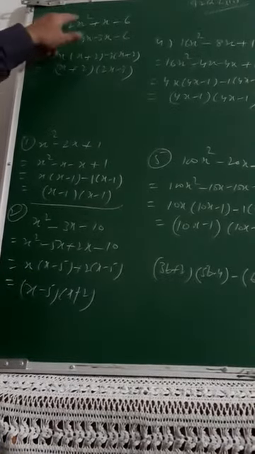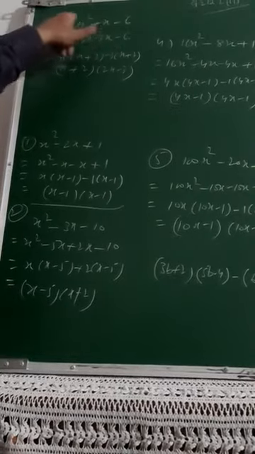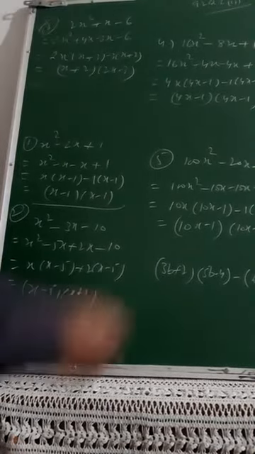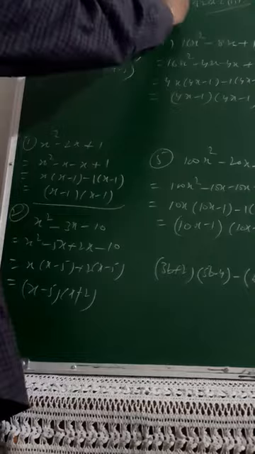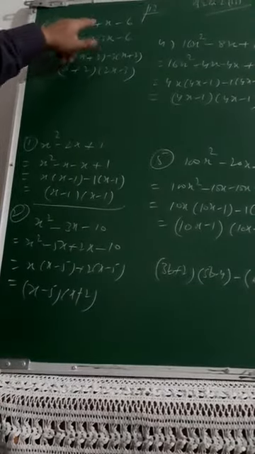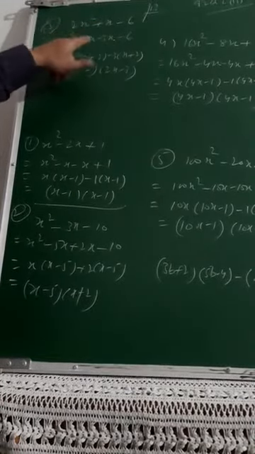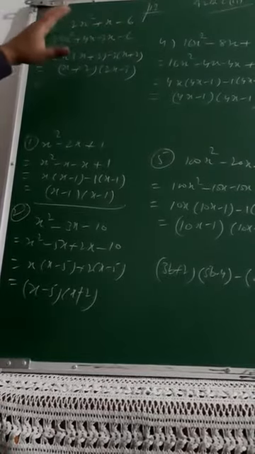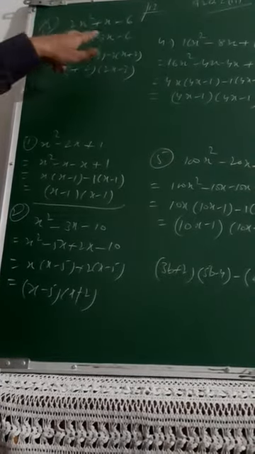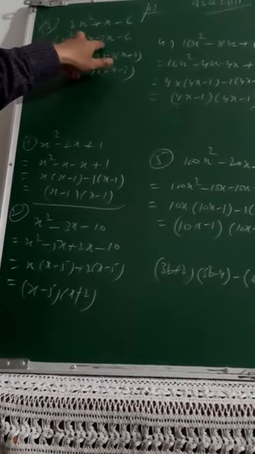Number 3 was 2x square plus x minus 6. So here you need to multiply 2 with 6. You need to find the factors of 12 such that their sum or difference is equal to 1. You just follow the procedure properly and definitely you'll get a pair of 4 and 3.